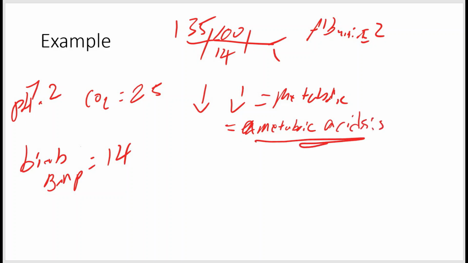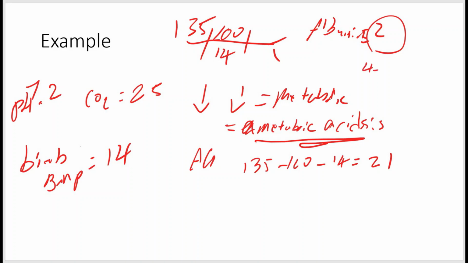Since we have metabolic acidosis, the next thing you want to calculate is the anion gap. So 135 minus 100 minus 14 gives you 21, right? But remember, this patient's albumin is 2, so we want to use that formula again to find the albumin-corrected anion gap.